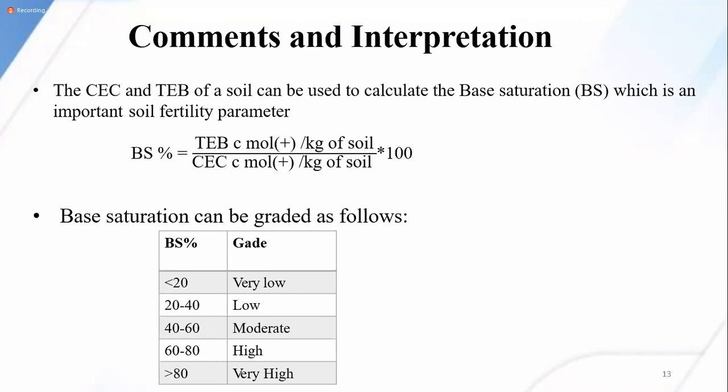Here it is a very low condition, so no need to do any management practices. If that particular cation is needed for growth, we have to add it by the application of fertilizers. So you have to copy this table and interpret the results. You can just write low, moderate or high. I think it comes under low grade.